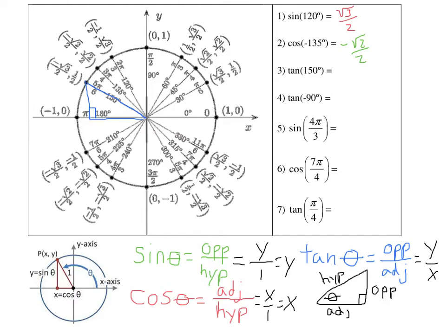And if I'm doing tangent, isn't tangent opposite over adjacent, or the y value over the x value? Well, can you look at the coordinate? Aren't we going to want the y value over the x value? So watch what happens. We're going to do the y value, which is 1/2, divided by, which means over, negative square root 3 over 2.